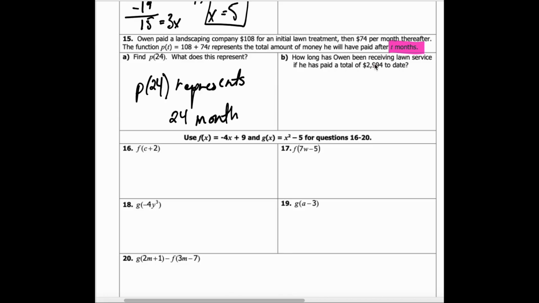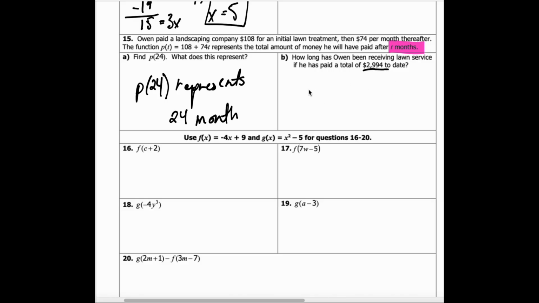How long has Owen been receiving lawn service if he paid a total of $2,994 to date? They want us to find the amount of months it took for him to rack up a bill of $2,994. So let's go ahead and set up our problem. Remember, this is our output for the function that they gave us, right?